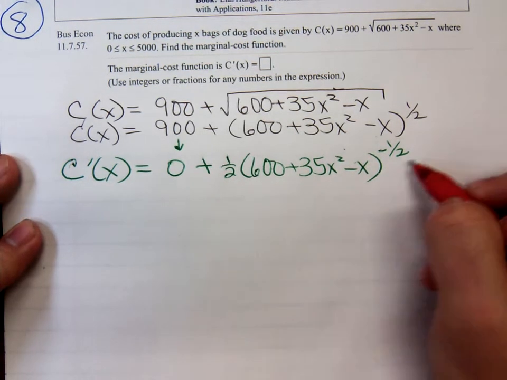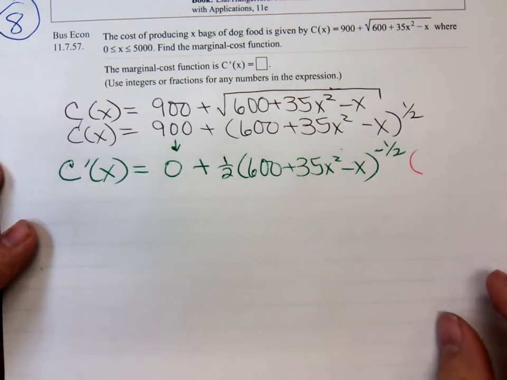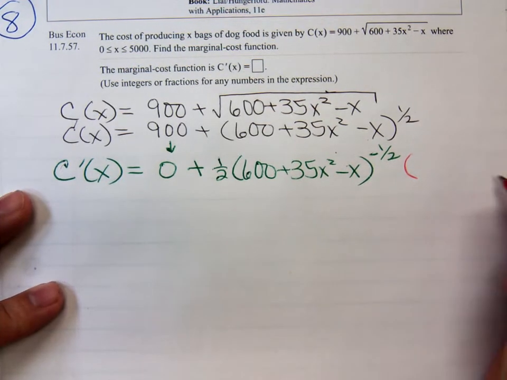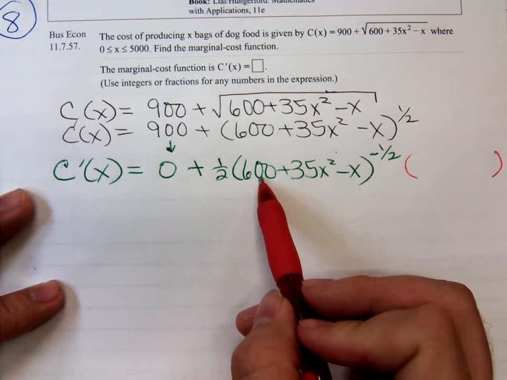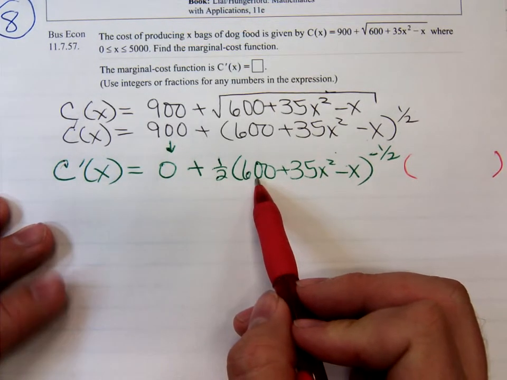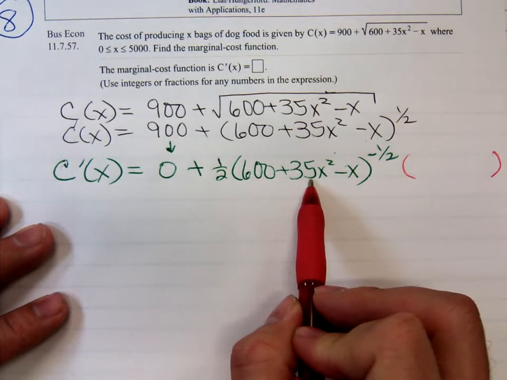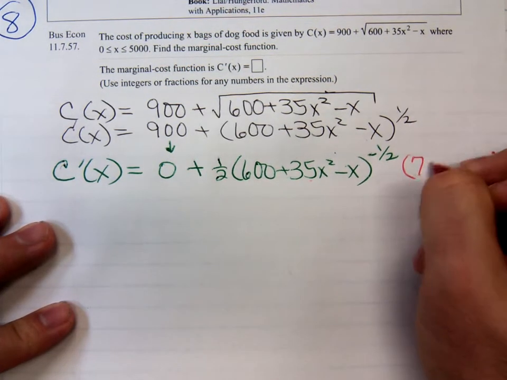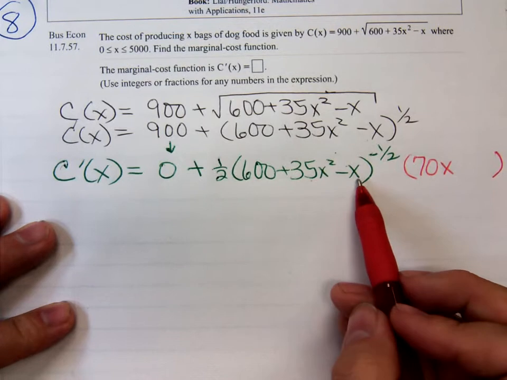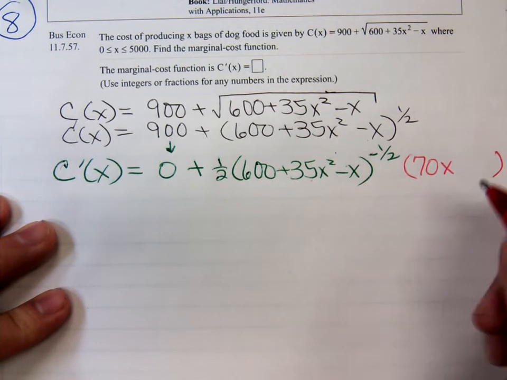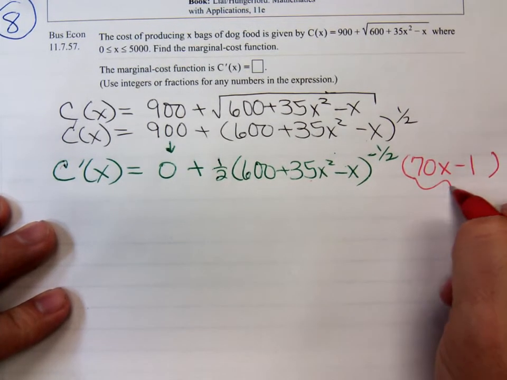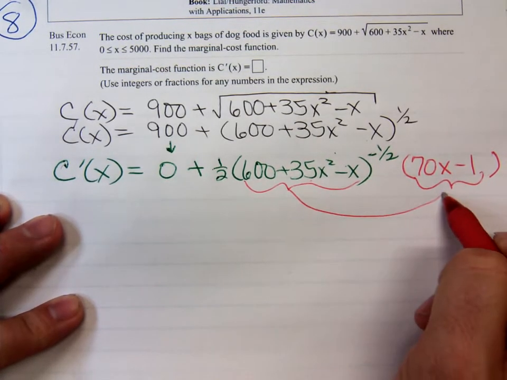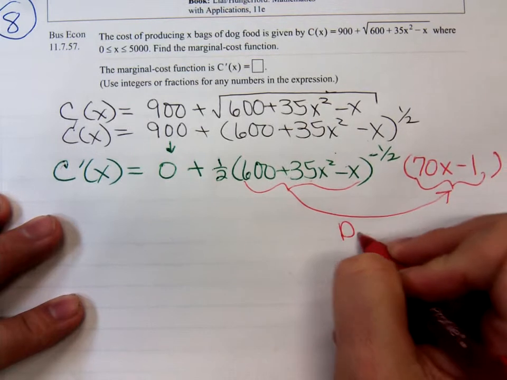So now we're going to multiply by the derivative of 600 plus 35x squared minus x. The derivative of 600 is 0. The derivative of 35x squared is 70x, okay. The derivative of minus x is negative 1. That stuff there came about by differentiating the parenthetical expression. You differentiated that.